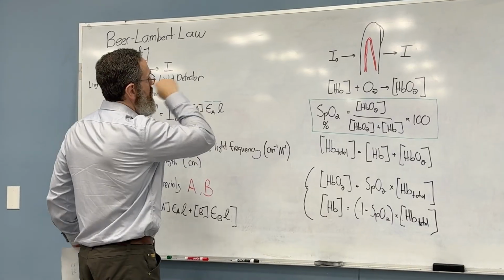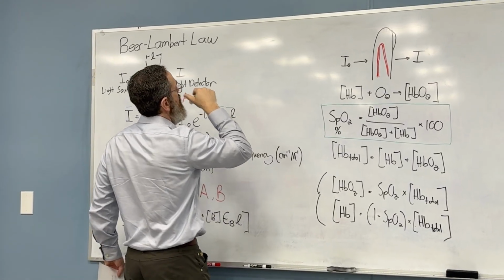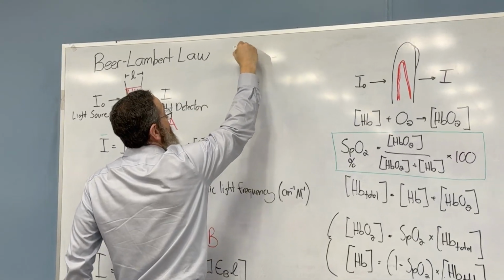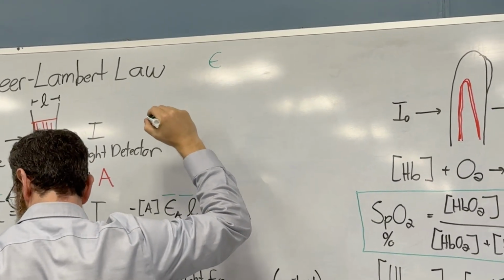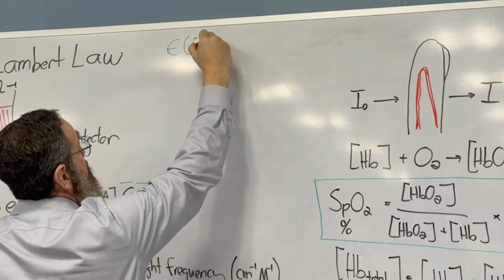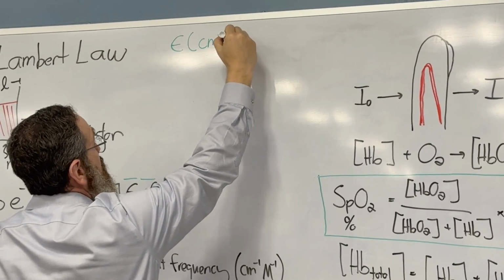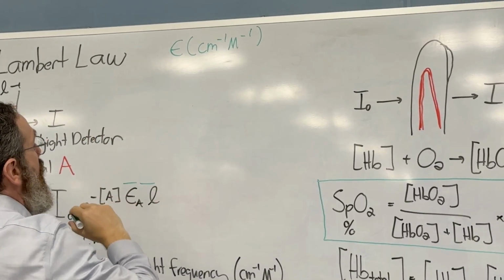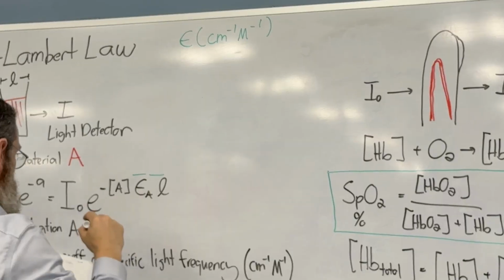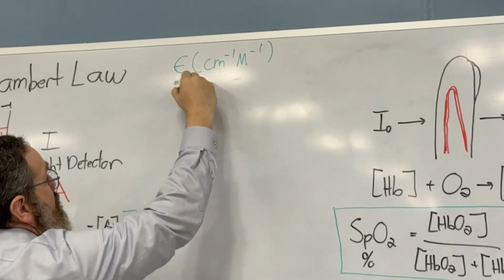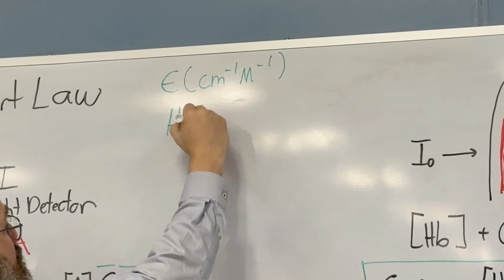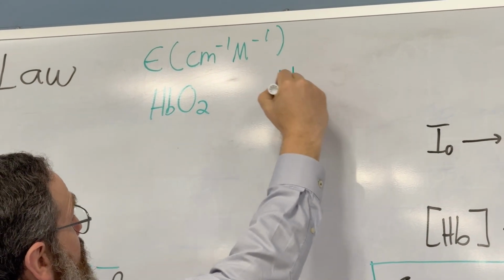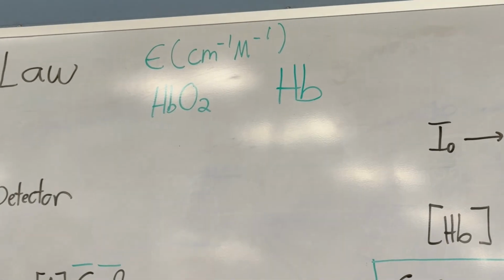I'm going to give you a table of the extinction coefficient, in centimeters per molar, of oxyhemoglobin and deoxyhemoglobin.